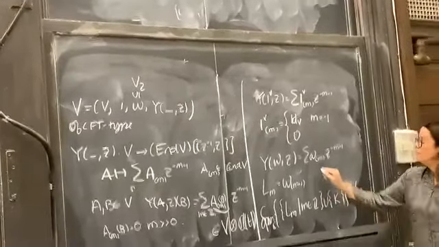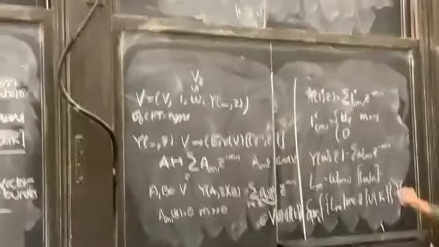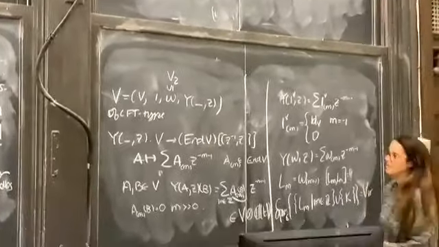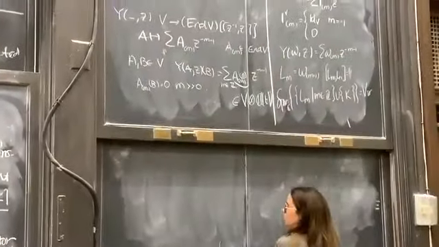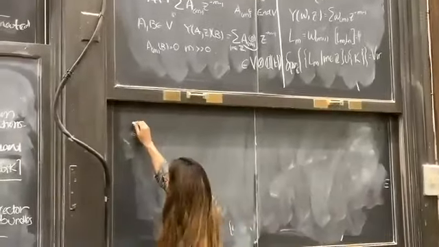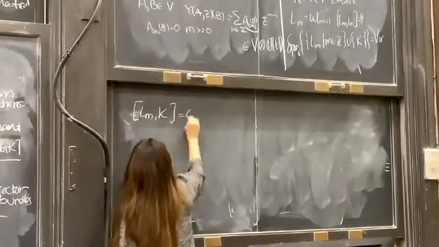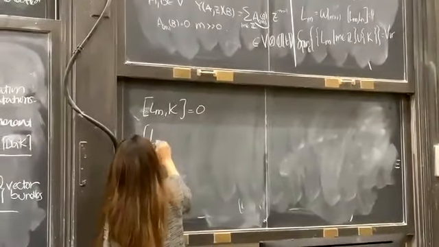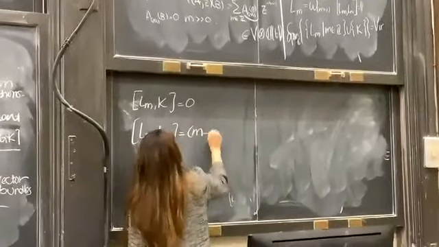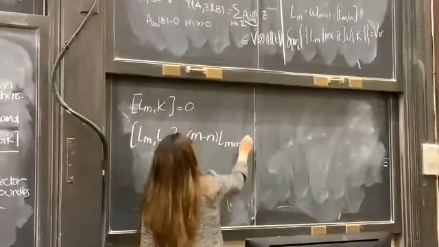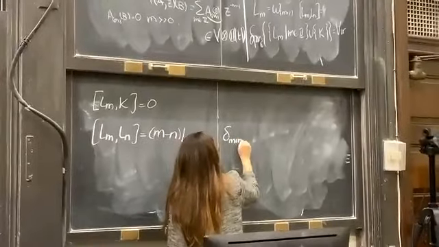So these operators are subject to the Virasoro relations. I don't have space to write it there. Let me lift the board up. So the Virasoro relations. So first of all, this new element is in the center. I'm defining a bracket, and [L_m, L_n] is (m minus n) L_{m+n}, plus, well, you get something if m is equal to minus n.